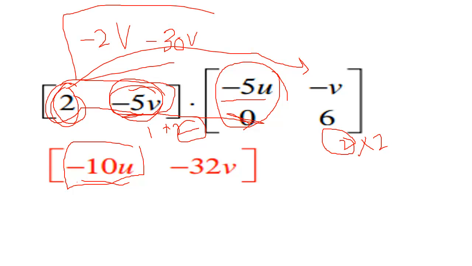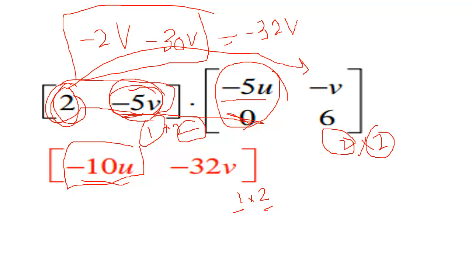So both numbers together, negative 2v and negative 30v, give negative 32v. The size of the resulting matrix is 1 times 2, that means we have 1 row and 2 columns.